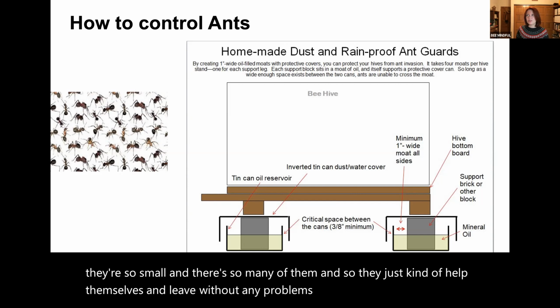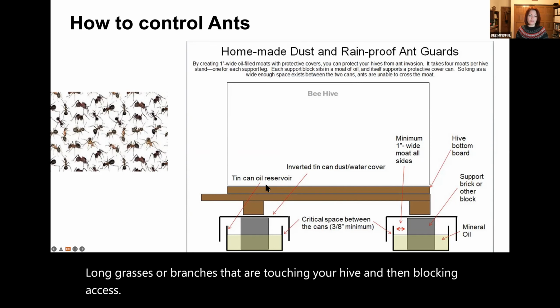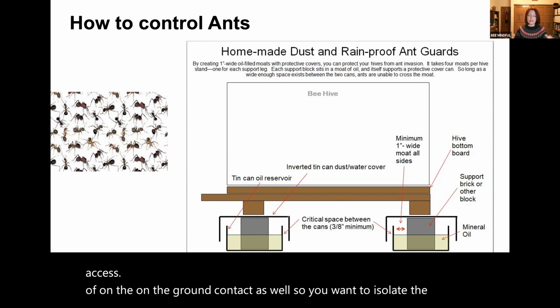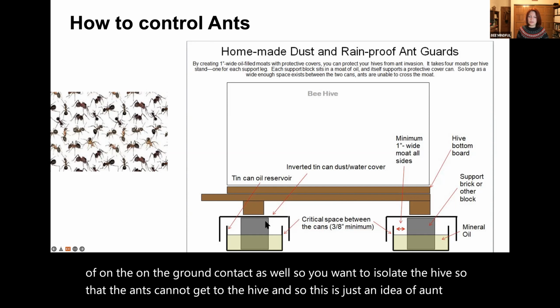So the best way to control the ants is to make sure you don't have long grasses or branches that are touching your hive and blocking access on the ground contact as well. So you want to isolate the hive so that the ants cannot get to the hive. And so this is just an idea of an ant guard that you can use.